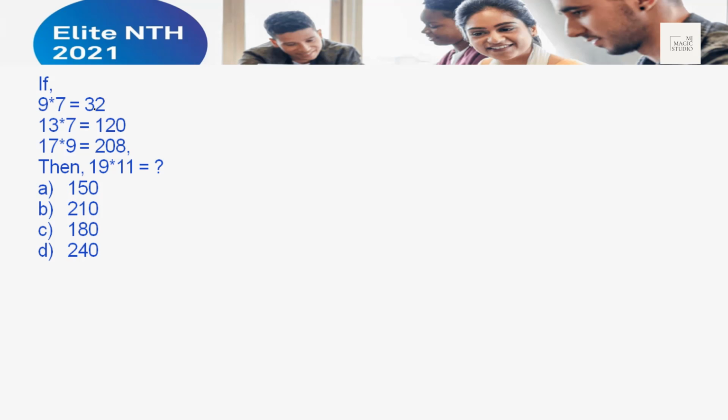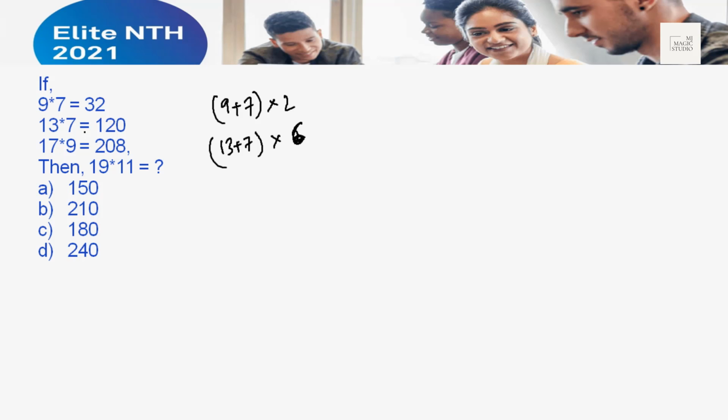Now 16 into 2 is 32. So let me try 9 plus 7 into 2. Again, if I use it here, 13 plus 7 is 20. Now 20 into 2 is not 120, but 20 into 6 is 120.